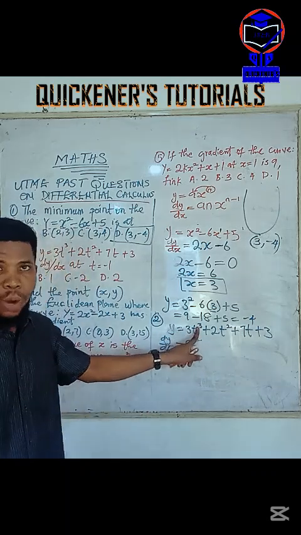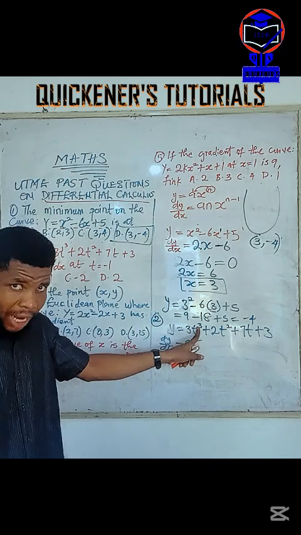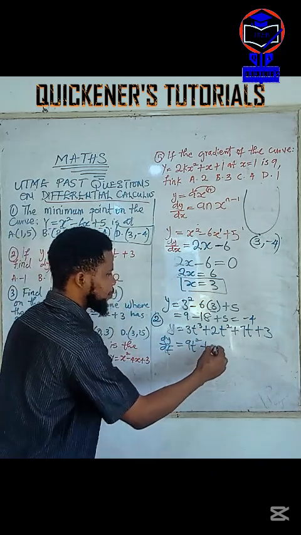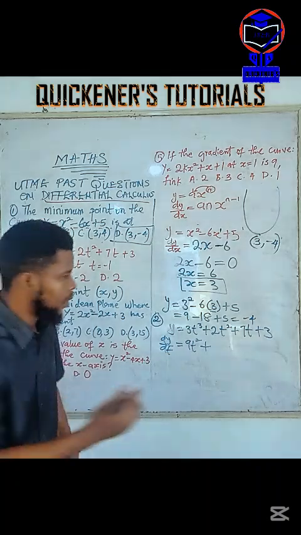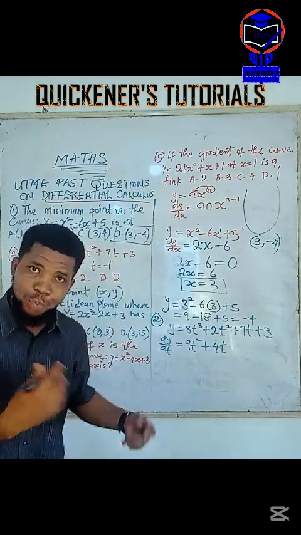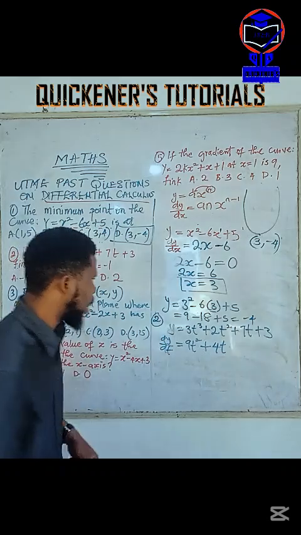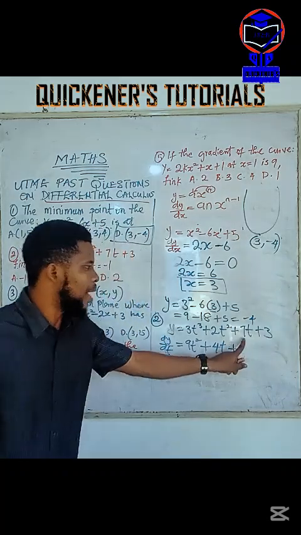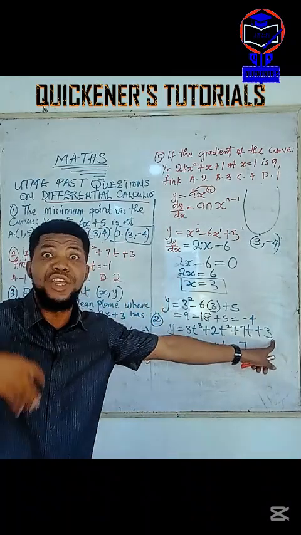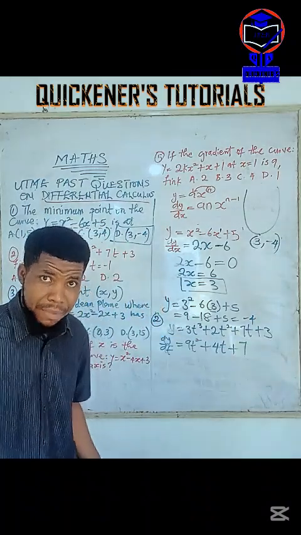Remember, we reduce the power by 1, 3 minus 1. So that's 9t squared plus 2 times 2, 4t raised to the power 1. You don't need to put 1 there, I told you before. Plus, whenever you have 7t, the answer will be 7.